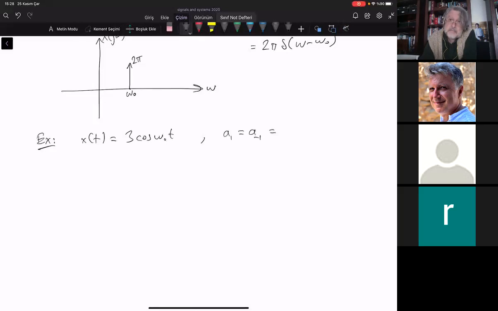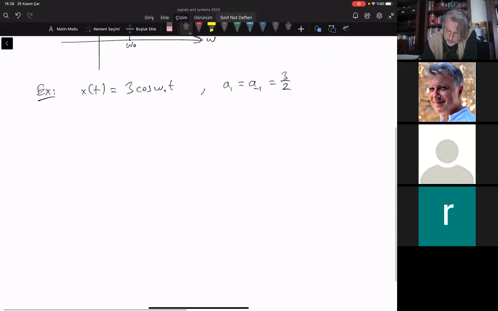They are the same because cosine Euler expansion is 1 over 2. 3 times 1 over 2 is 3 over 2. These are the Fourier series coefficients. What are the frequencies corresponding to these Fourier series coefficients? One of them is at omega 0, the other one is at minus omega 0. So let's draw them.